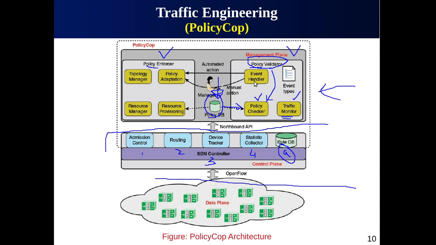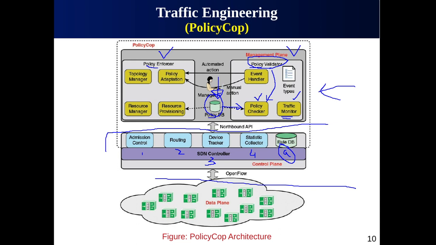And then we have the event handler. It will examine violation events. If an event occurs, then we need to inform it and reinforce those policies. So the event handler actually examines the violation events, and it then automatically invokes the policy enforcer module by sending action requests to the network manager.